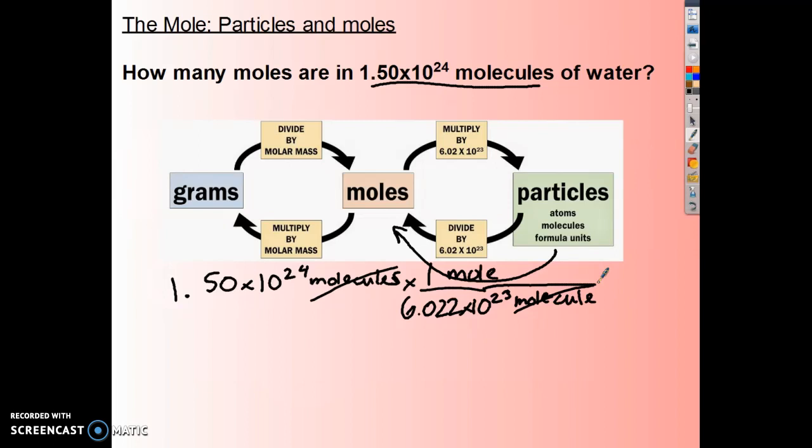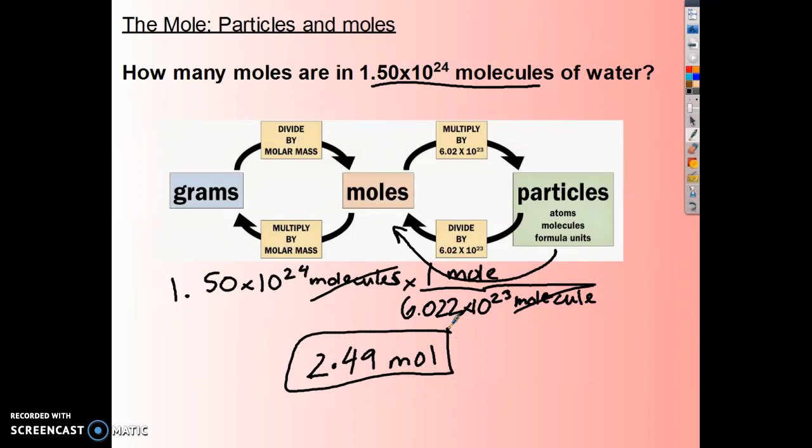So let me divide that on my calculator. 1.50 times 10 to the 24th power, divided by 6.022 times 10 to the 23rd. And I'm getting 2.5, or 2.49 with correct significant figures. 2.49 moles.